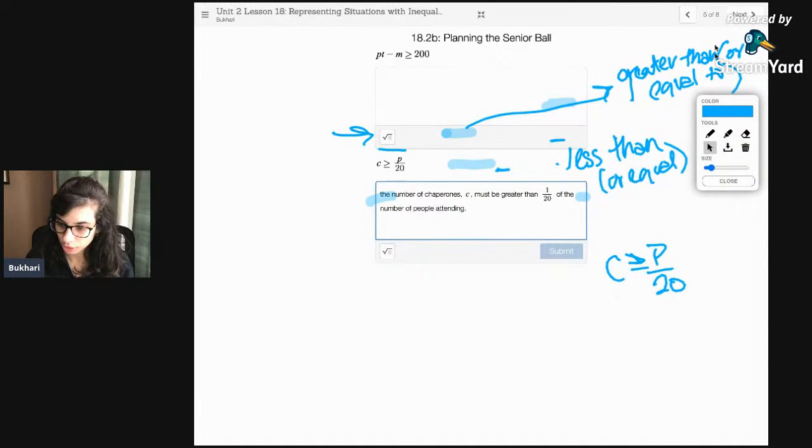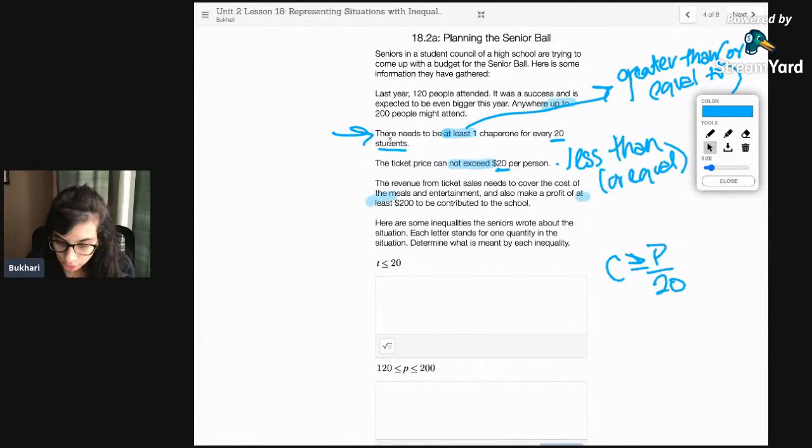If we go back to this scenario, there needs to be at least one chaperone for every 20 students. So the ratio is one chaperone for 20 students.